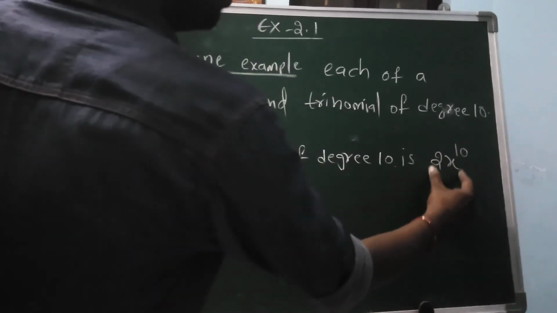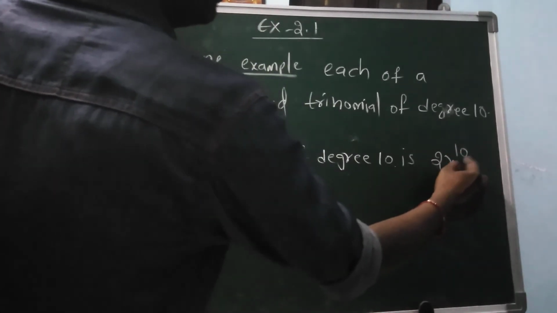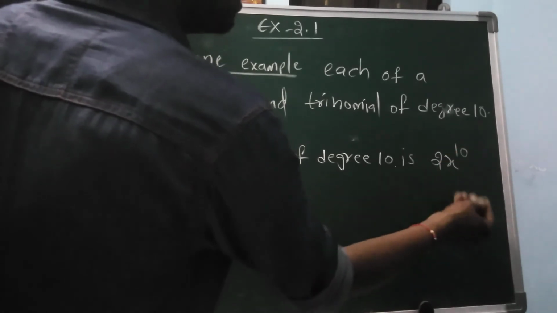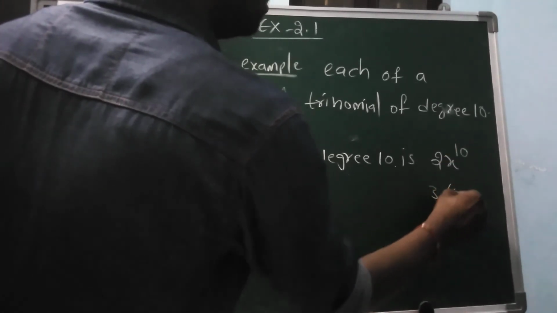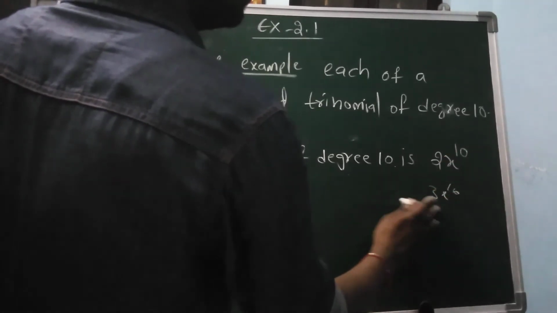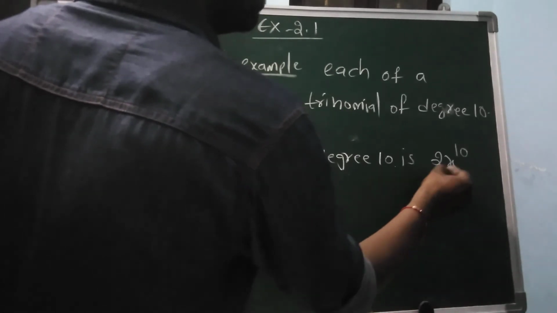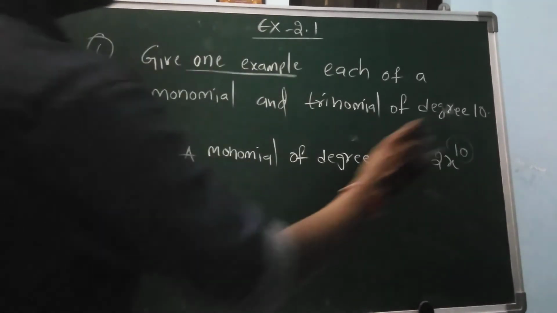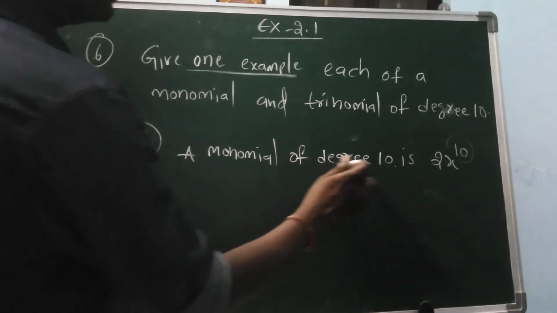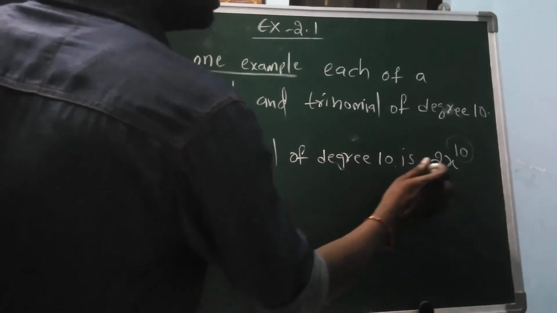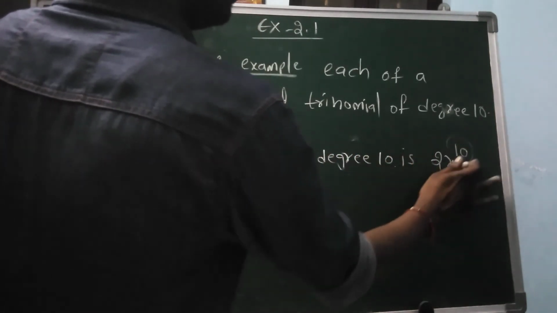This is a monomial and the degree is 10. Write 2x power 10 or x power 10 or 3x power 10, 4x power 10, whatever it may be. Here the monomial has degree 10. So a monomial of degree 10 is 2x power 10.